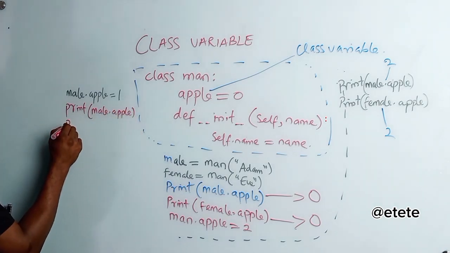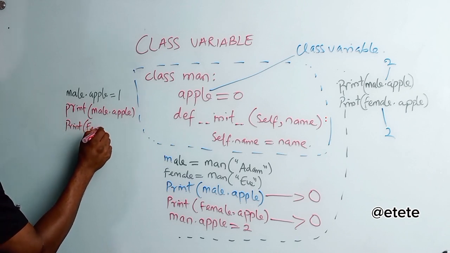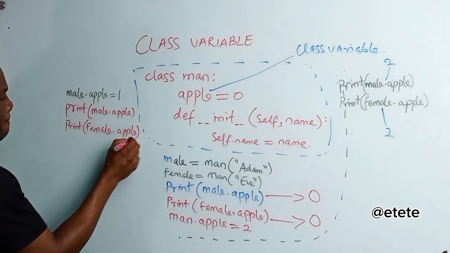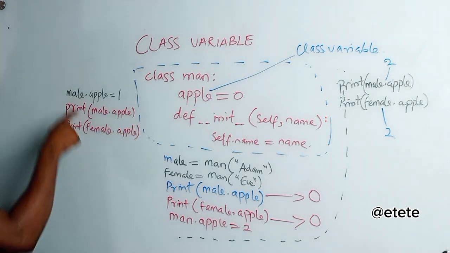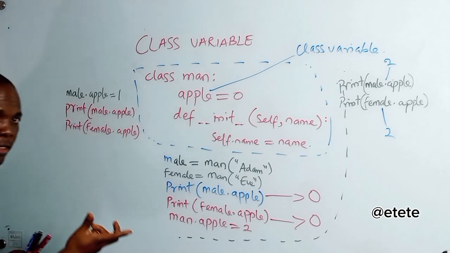Here I say print female.apple. So after making this modification, I'm asking it to print out this and this again on the screen for me.